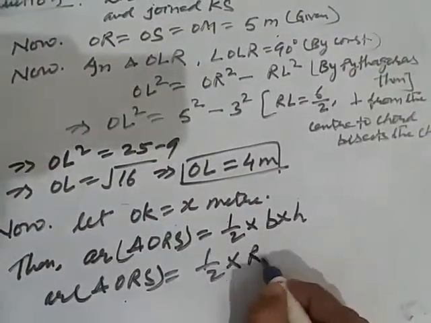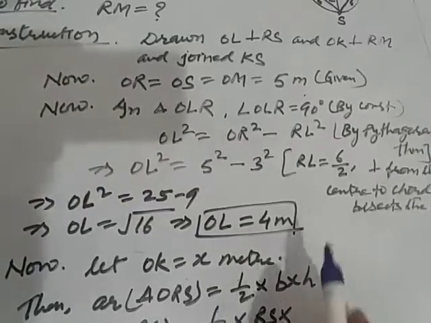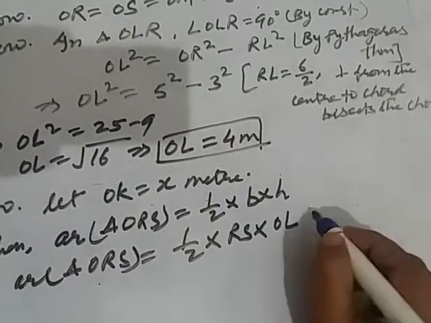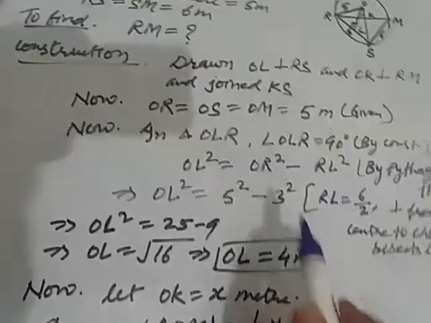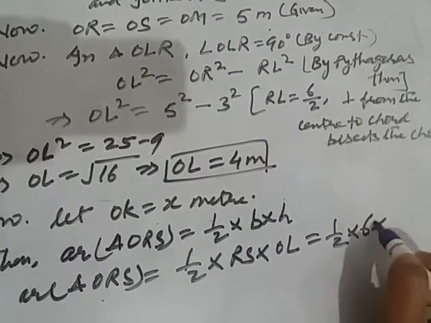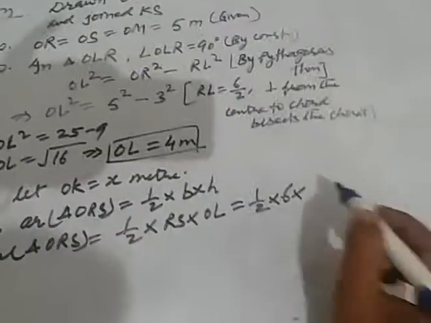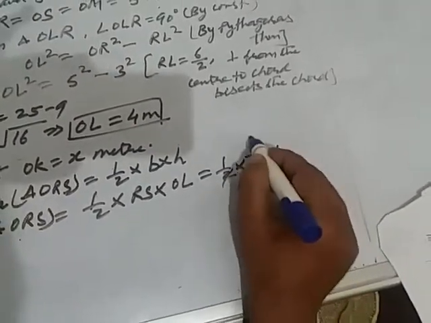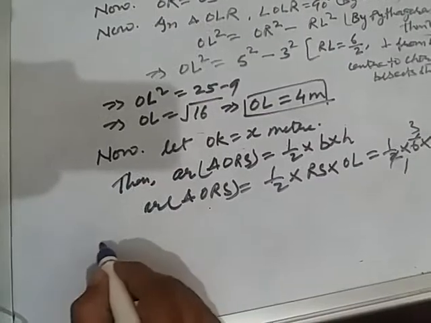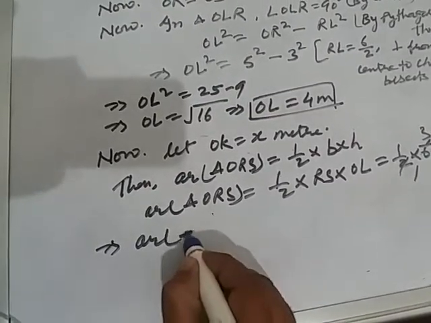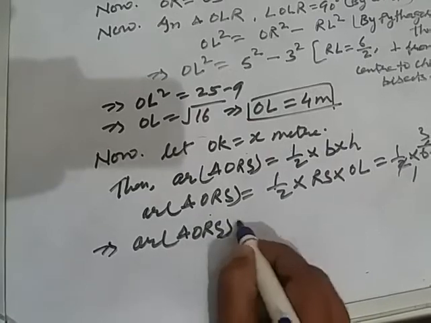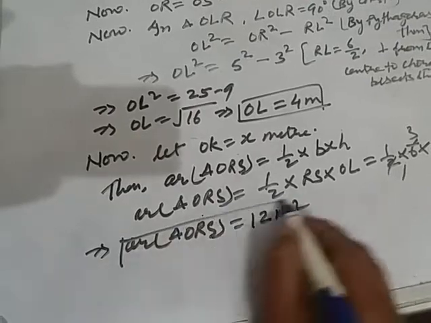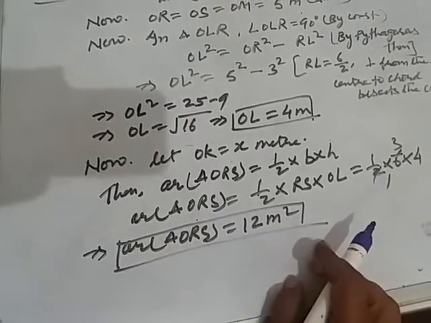Base is RS, let us take, into height is OL, right? This is equal to 1 upon 2 into RS, which is 6, into OL we have found out, that is OL equal to 4. That is 2 1 ja 2, 2 3 ja 6, so area of triangle ORS equal to 4 3 ja 12 meter square. Right? Area of triangle ORS equal to 12 meter square.